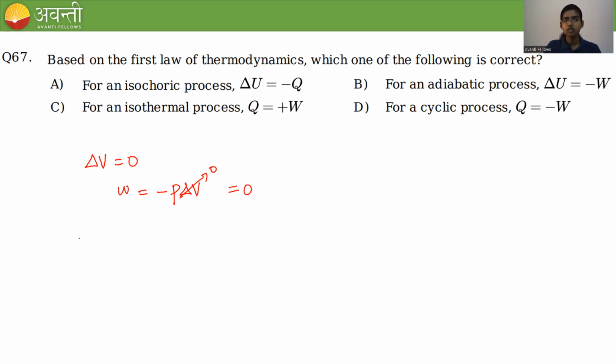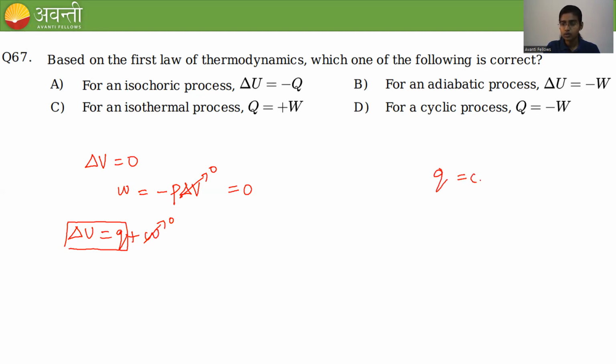So from the first law of thermodynamics, what is the first law? Delta U is equal to Q plus W, right? So here W goes to 0, so delta U is equal to Q. But here it is given as minus, so this cannot be the answer. Then for the adiabatic process, delta U is equal to minus W. So what is adiabatic?